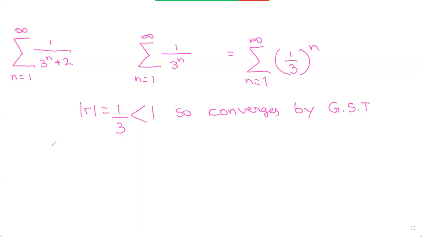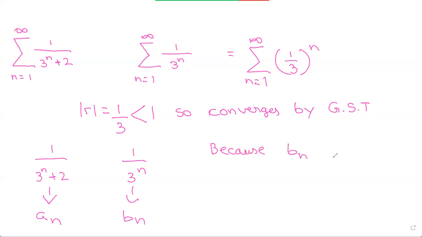Now, again, we have to figure out which one is a_n and which one is b_n. This is smaller as the denominator is larger, so this is a_n and this is b_n. Because b_n converges, a_n converges.